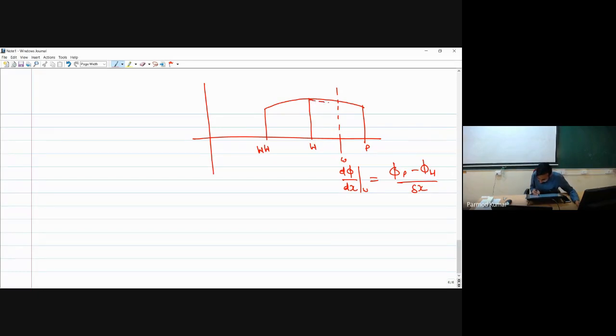Phi P minus phi W by delta x is nothing but a straight line joining the two node points. So this is identical to the central differencing scheme.